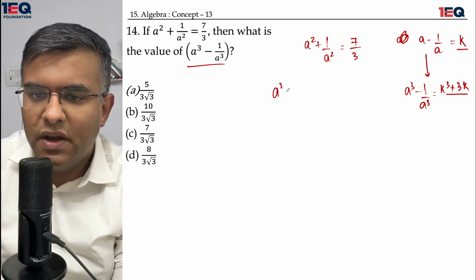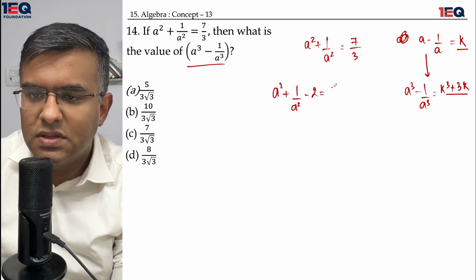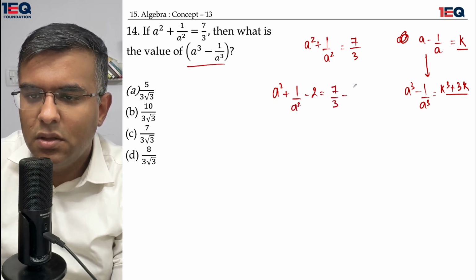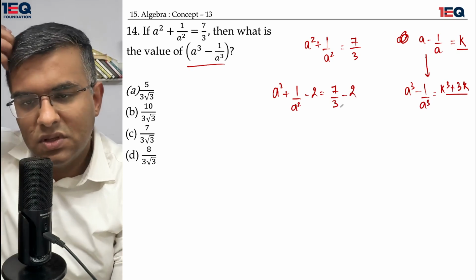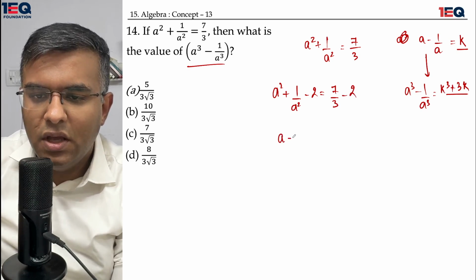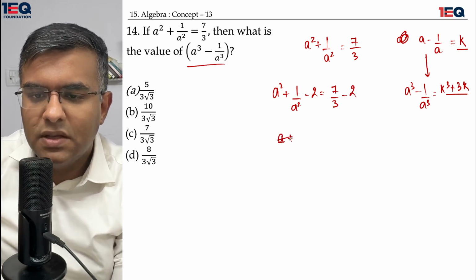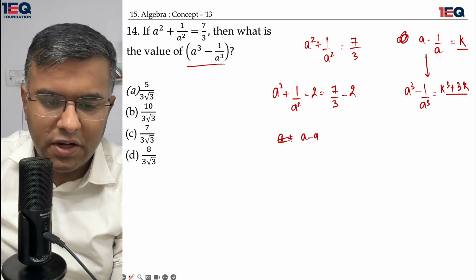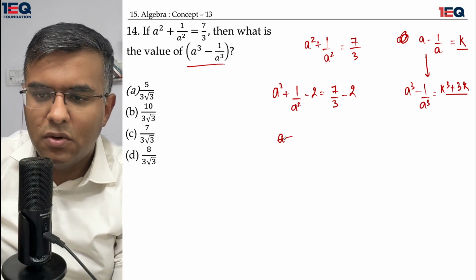So if I take a minus 2 on both sides, okay, this is a minus 2, then this is 7 by 3 minus 2. So this is how I will reach my value of a minus 1 by a. Let me write it more clearly.